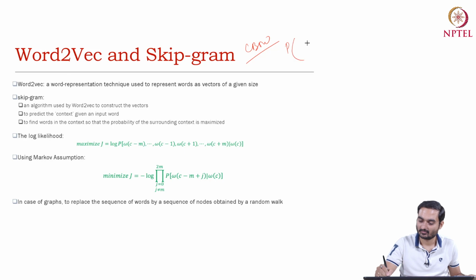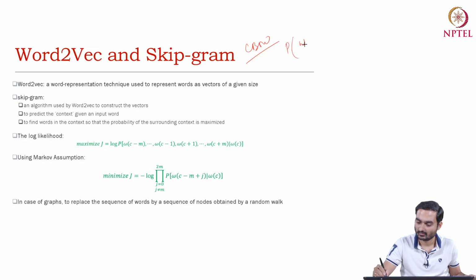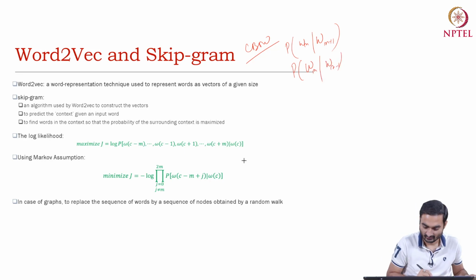So, this would be probability of Wn given Wn plus 1, probability of Wn given Wn minus 1, and so on and so forth, right.